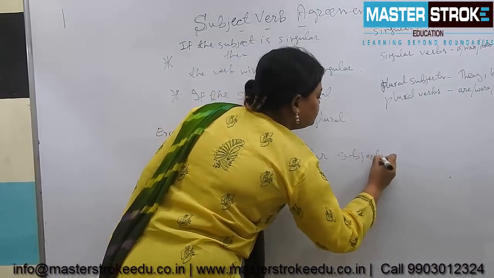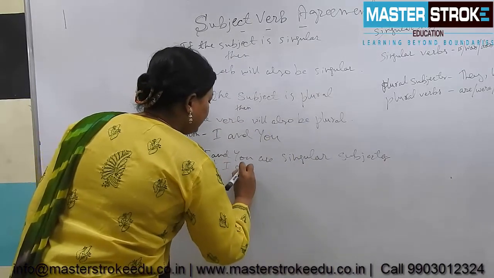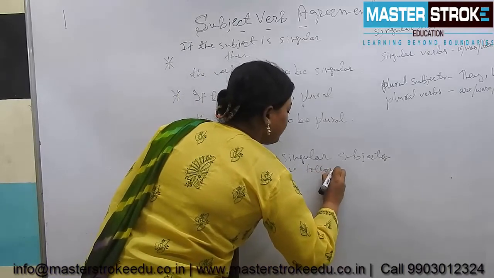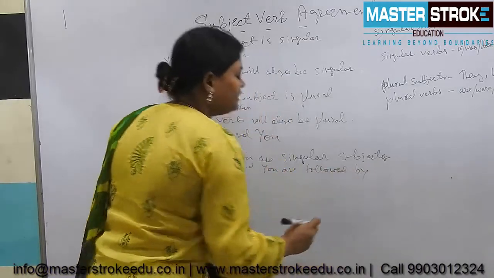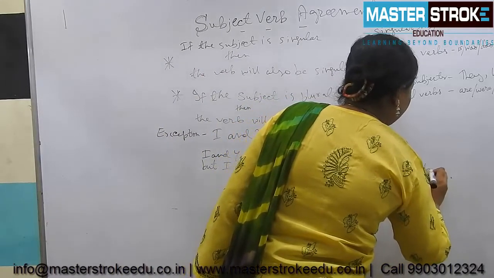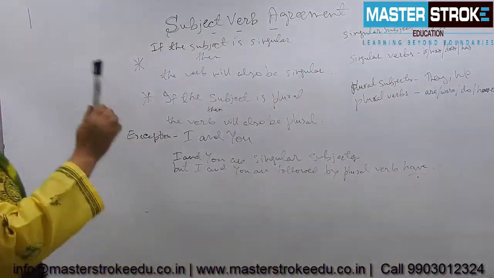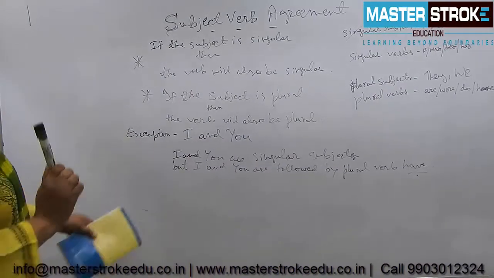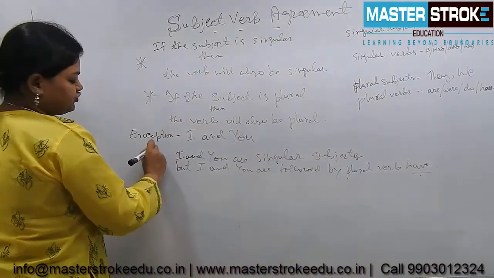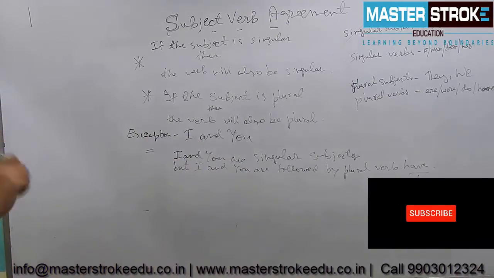But I and you are followed by the plural verb have. I and you are never followed by the singular verb has. I and you always take have after them. This is the exception to the rule, wherein singular subjects are followed by a plural verb.